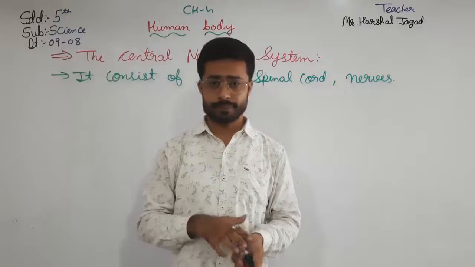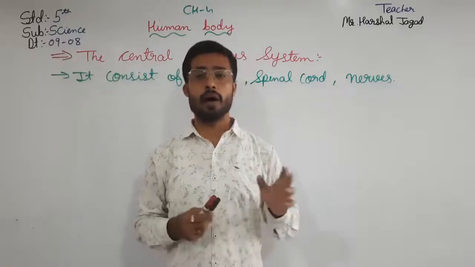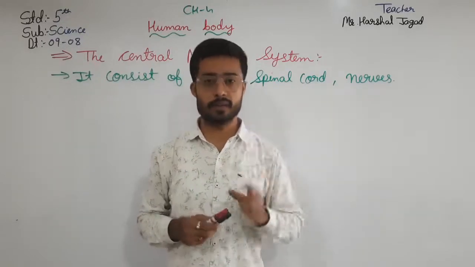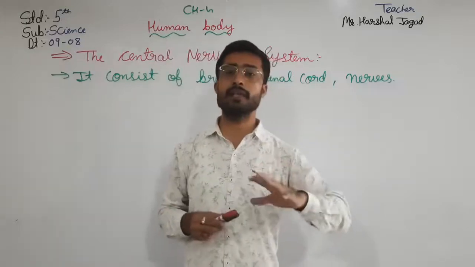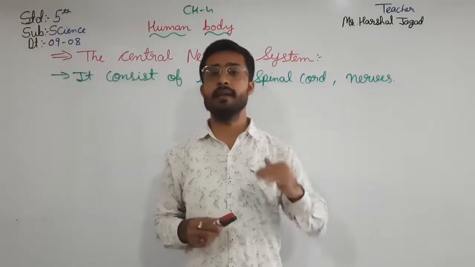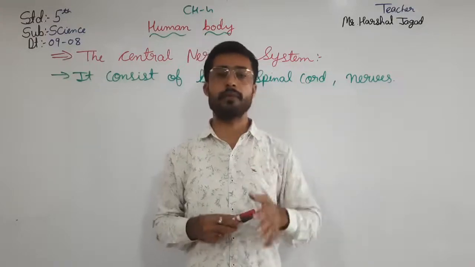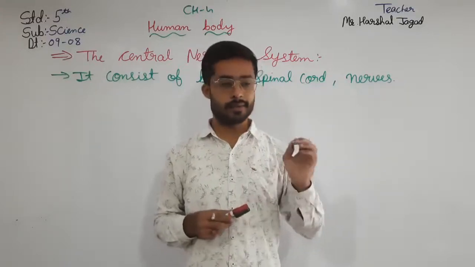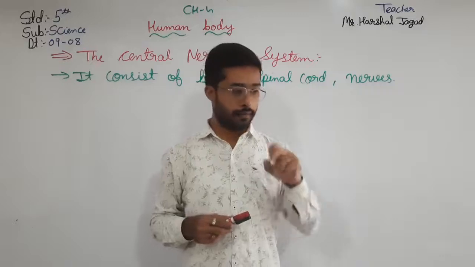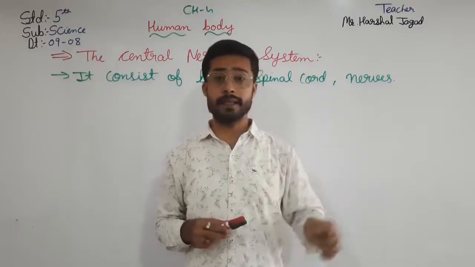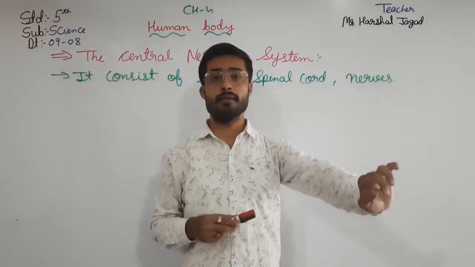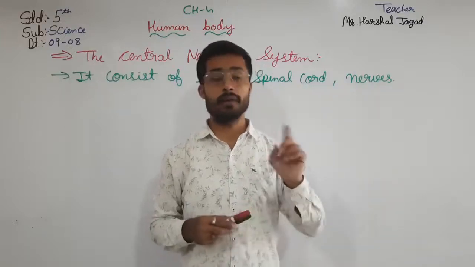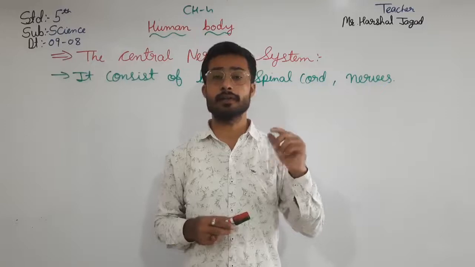Okay students, how does the nervous system work first of all? Here I'll just give the introduction in this video. We will go deeper in the next video. So first of all, what is the nervous system? If your mother is making tea, you will not touch that vessel.